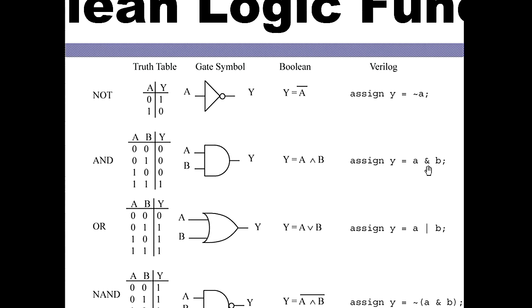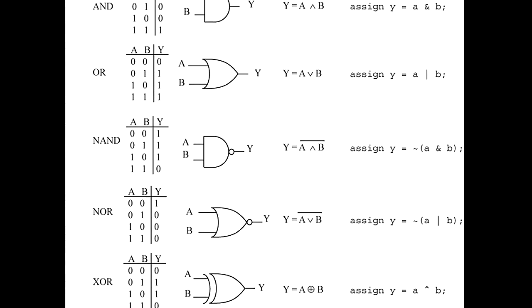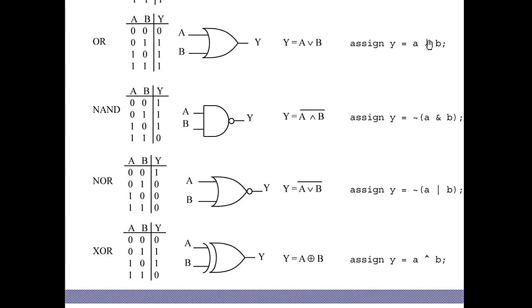So the AND function is an ampersand. So again, you have this truth table, 2 1s produce a 1 output. So you can represent that with an assign statement in Verilog. And the OR function is here with a vertical bar. So to do NAND, you then combine these operators, an AND followed by an inversion, and a NOR function the same style.